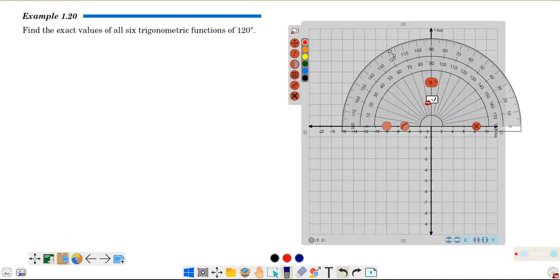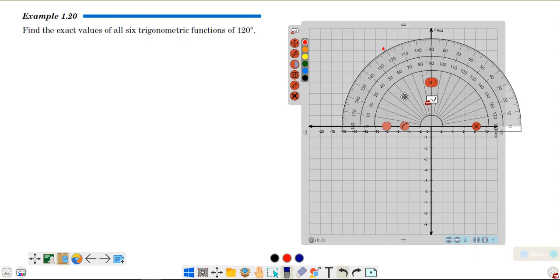So, napalaki na natin yung Cartesian coordinate plane. Na-plot na rin natin yung protractor dun sa origin. So, mark natin dito. Nandito si 120 degrees. Ayun. Nandito si 120 degrees.